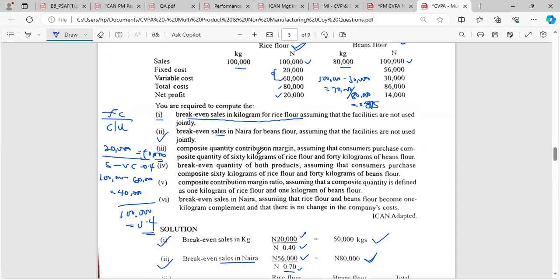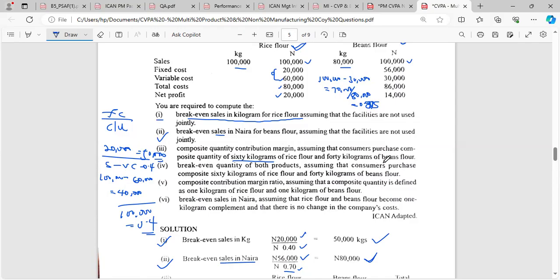So composite quantity contribution margin, assuming that consumers purchase composite quantity of 60 kilograms of rice flour and 40 kilograms of bean flour. I will show you something that you need to know here.